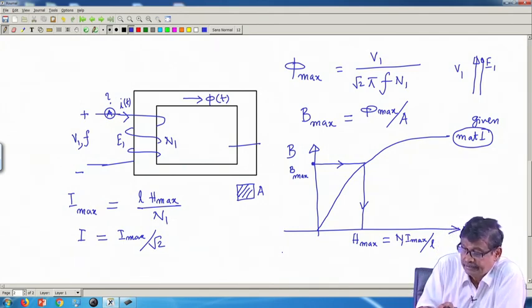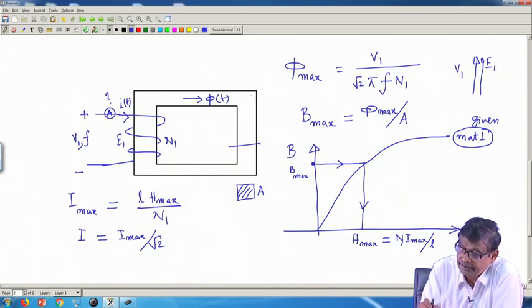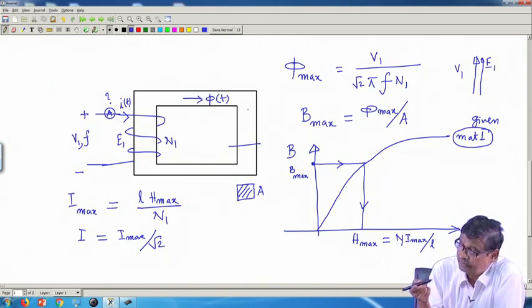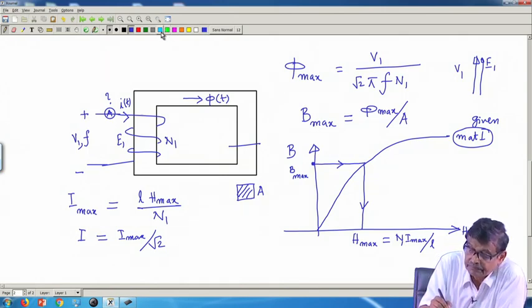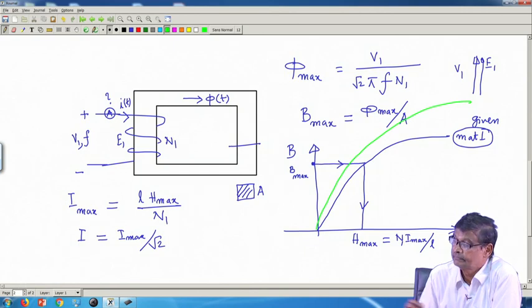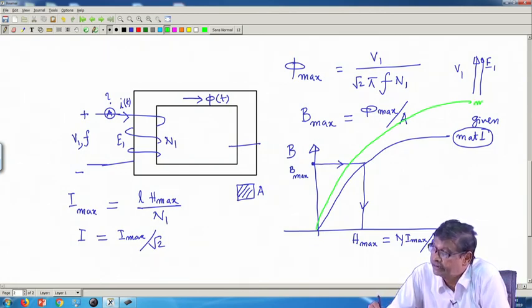Suppose I replace it by a newer magnetic material, whose BH curve is like this. So, material 2 BH curve is this.